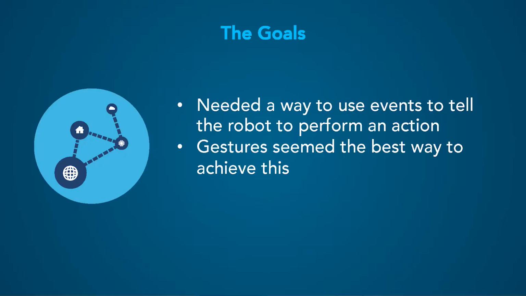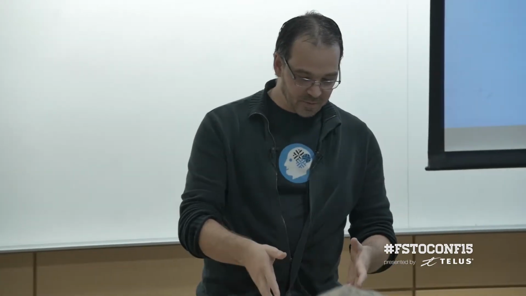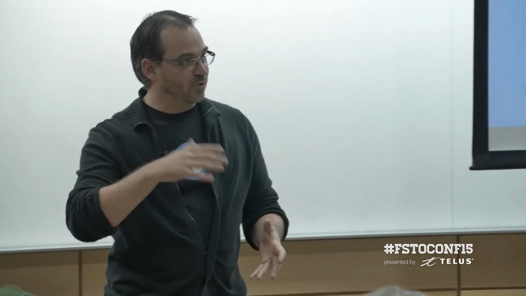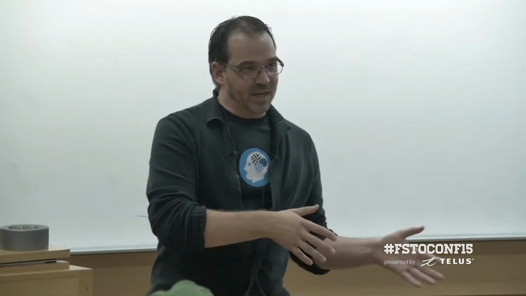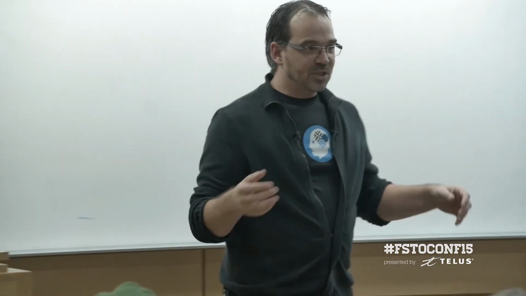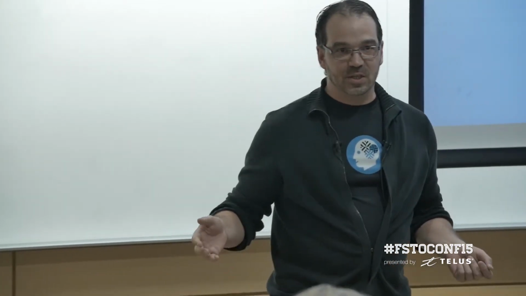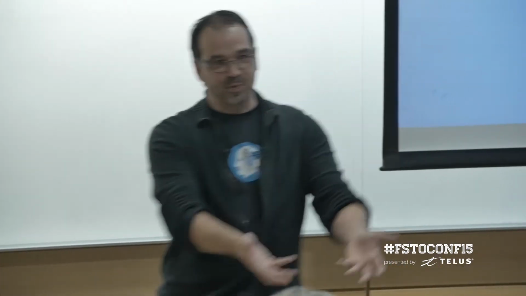My goal was that I needed a way to use some sort of events to tell the robot to do something. I could have just tried to detect a movement with the Kinect and mimic it with the robot. But I needed a beginning and an end, so I figured that gestures would be a good solution, because you can do a movement and there would be a response.